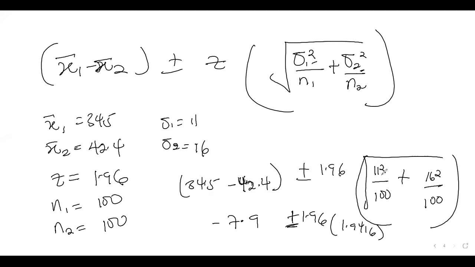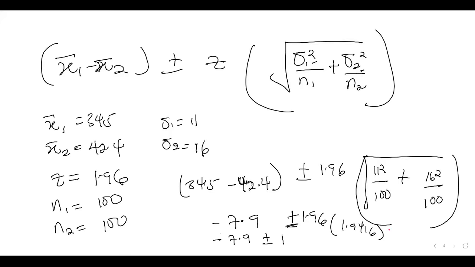And then you punch everything in the bracket, which is the standard error, the square root of everything here, and you get 1.9416. So let's expand it. We have minus 7.9 plus or minus 1.96 times this.